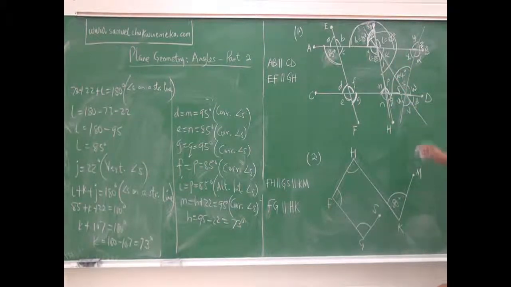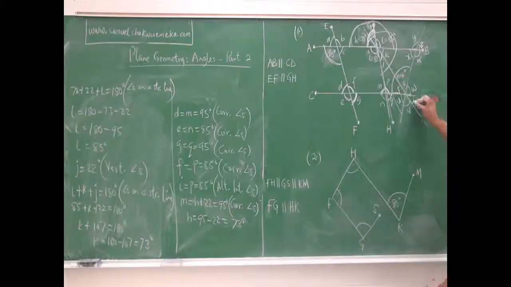Okay? Now, we found this, right? Now let's come back to this. R plus S is 104, so let's find what R is. And after finding what R is, we can find what U is, because this is a straight line.